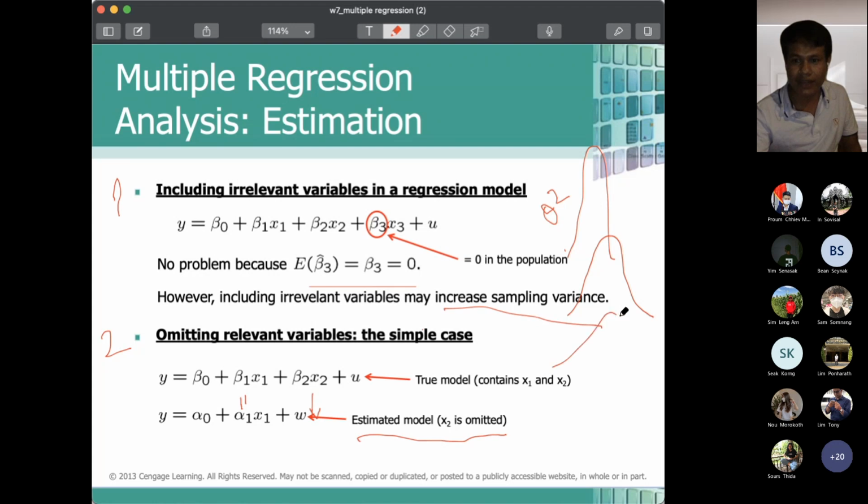It gets farther and farther like this when it increases sampling variance. For instance, we want this estimate to be true, but when we include an irrelevant variable, the estimate becomes farther and farther from beta 3. The beta 3 here is the parameter of the population. You get what I mean? Thank you. All right, good.